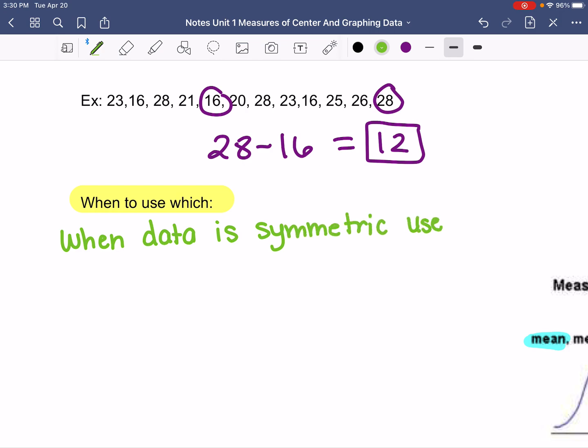use mean with standard deviation, which is what we're taking our next notes on, not today, but the next day.